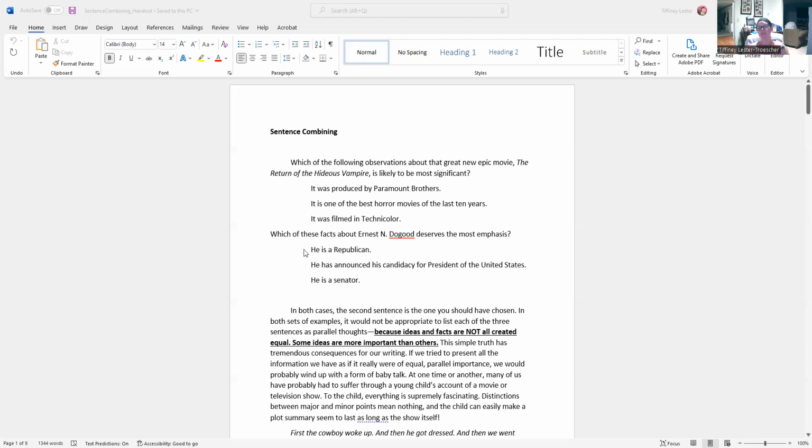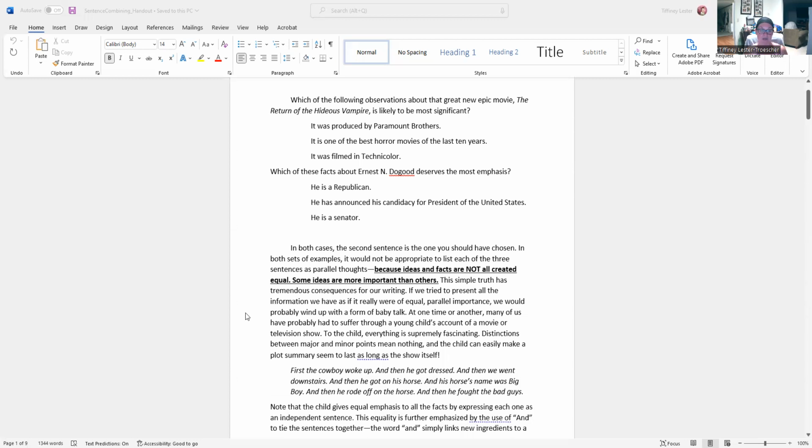So this is why combining sentences becomes an important endeavor. It shows more complex thinking, but it also shows your reader where they need to focus their attention most, what they need to remember most, because not all ideas are created equal. When we give each idea its own separate sentence, we're basically saying each of these facts are equally important.